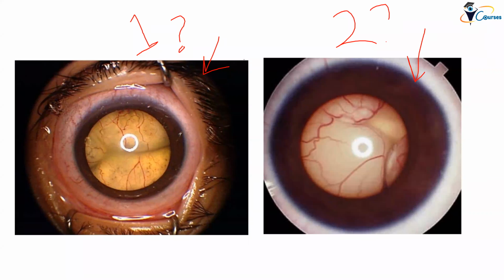And number 2 what? Yes, exactly. As you said, number one is the Coats disease, and number two is the retinoblastoma.